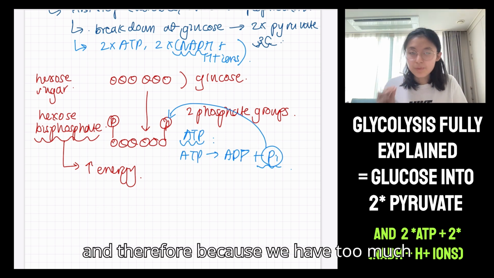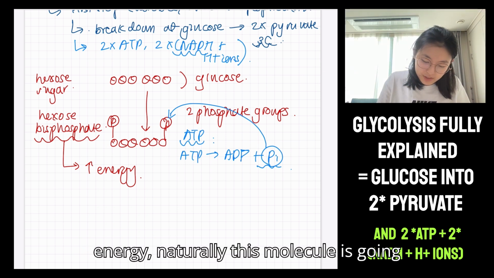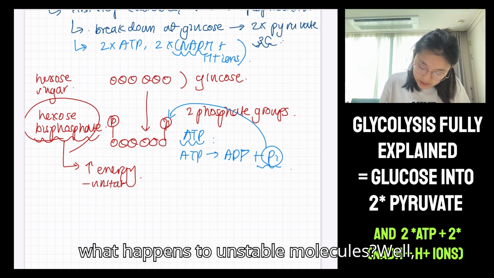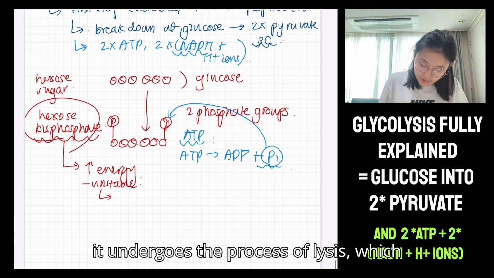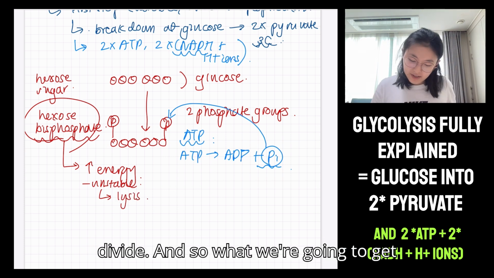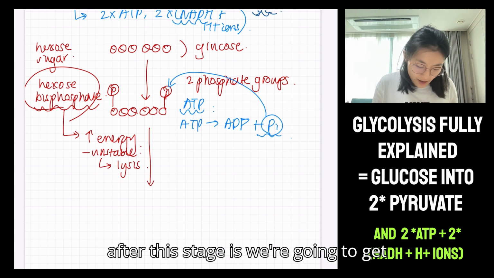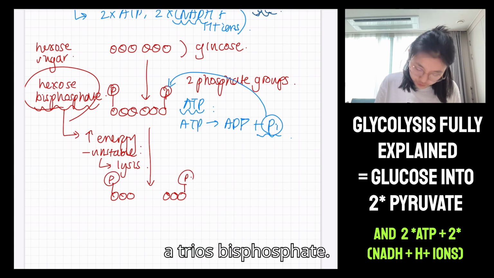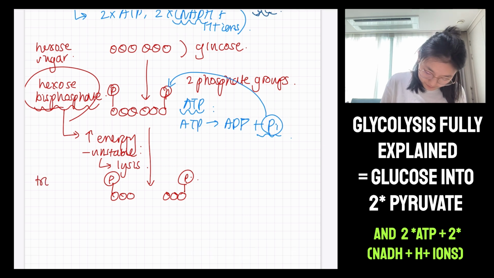Because we have too much energy, naturally this molecule is going to be very, very unstable. And remember what happens to unstable molecules? Well, they undergo the process of lysis, which pretty much means that it's going to divide. So what we're going to get after this stage is a triose bisphosphate.